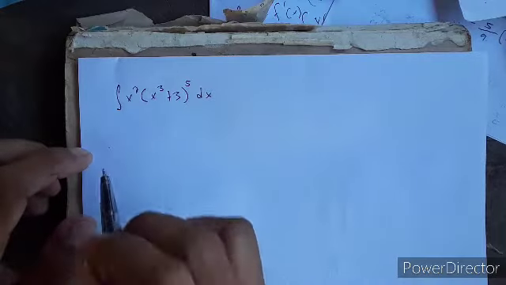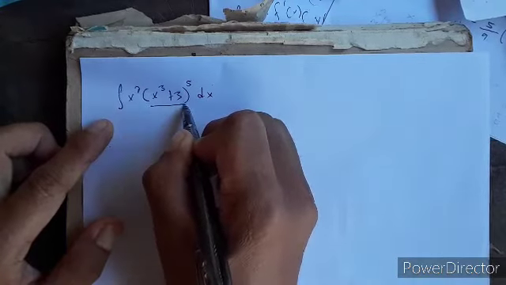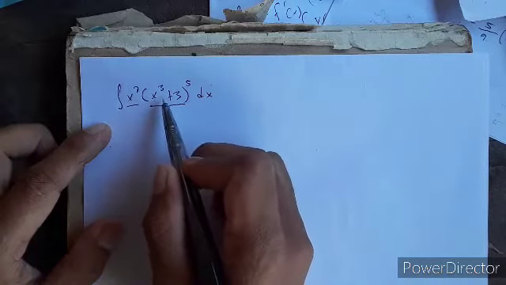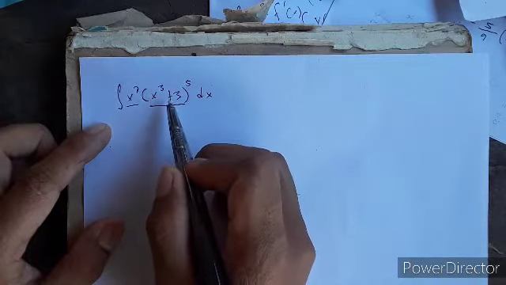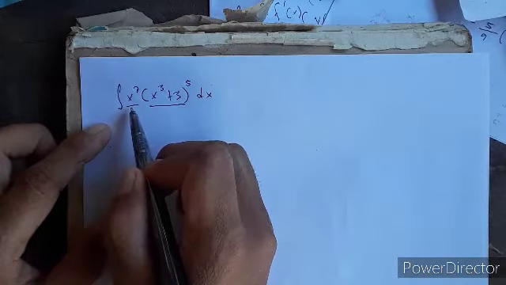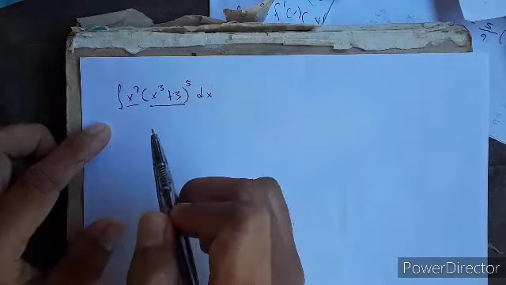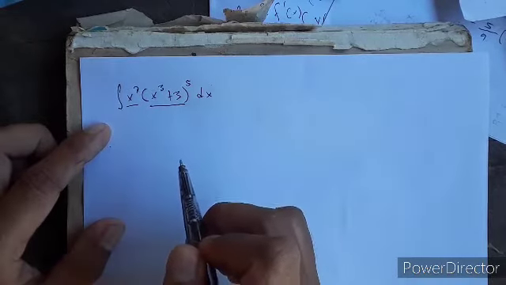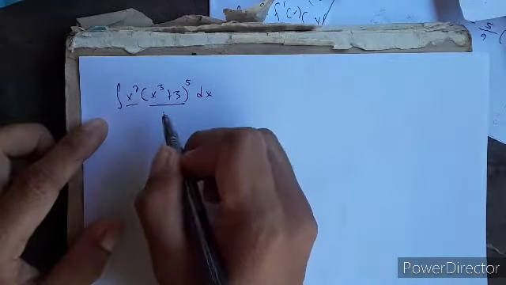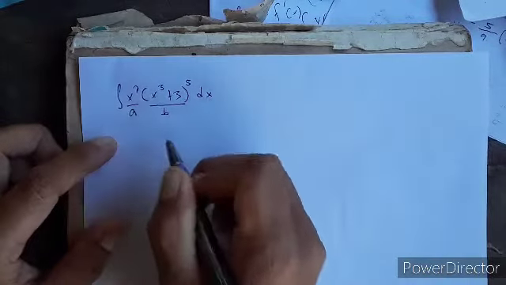As you can see here, this is our second function, and this is our first function. If we differentiate the second function, it would be equal to the first function. So what we use here to integrate is u and du substitution. Let's say this is our b and this is our a.